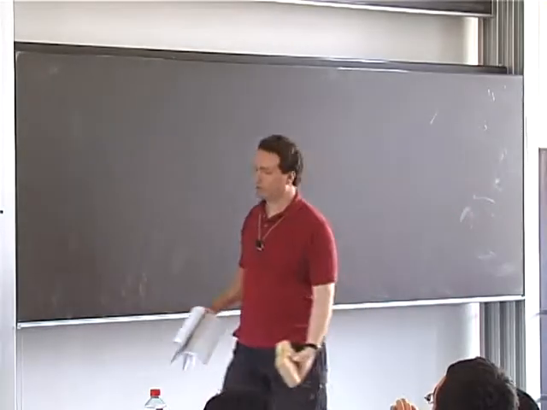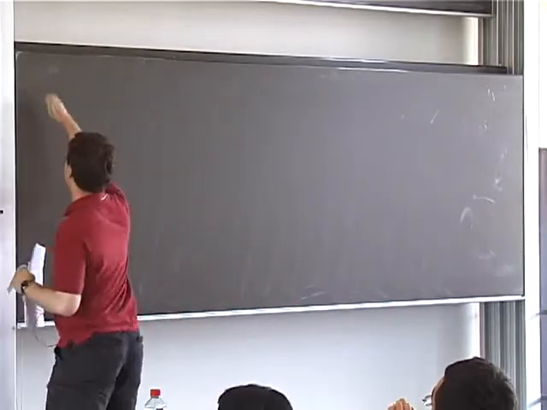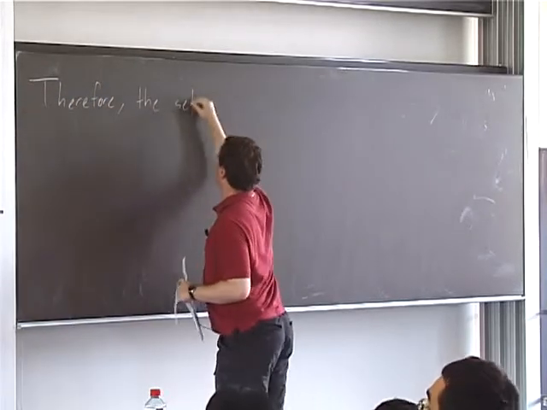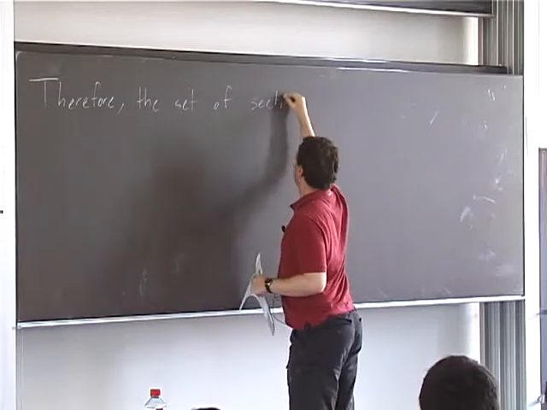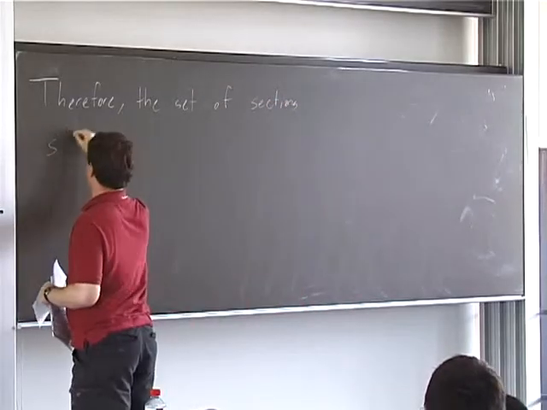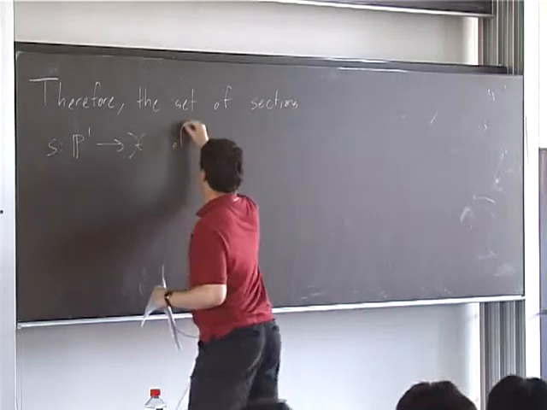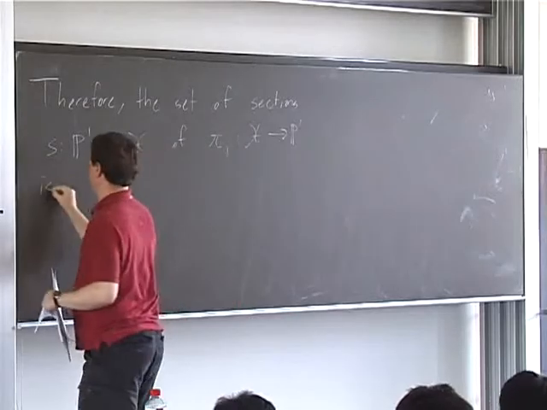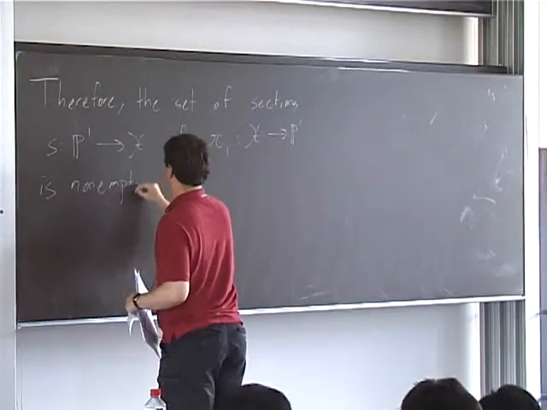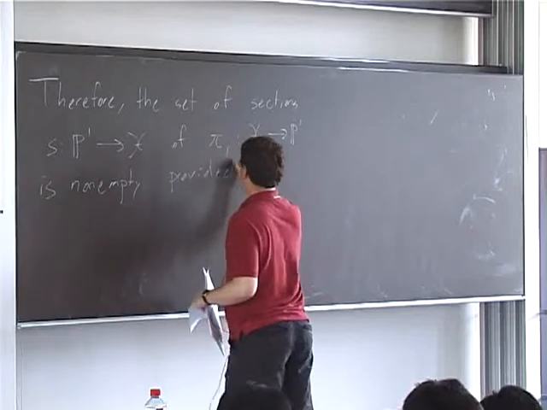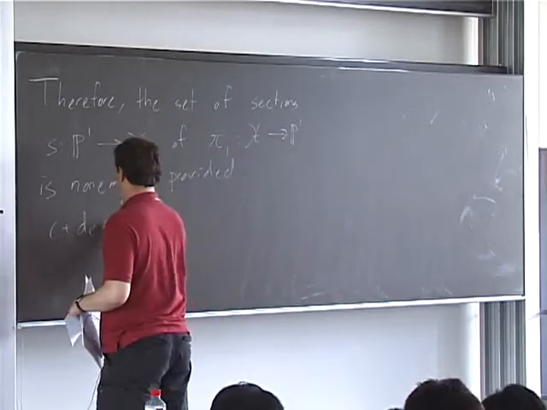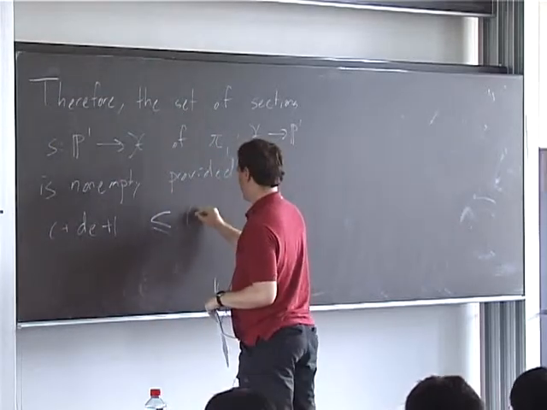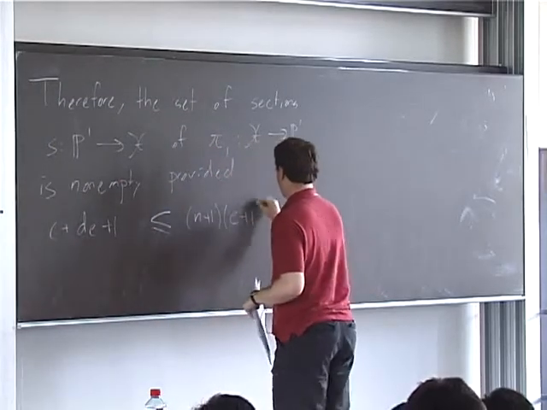So what we conclude is that the set of sections S of P1 to X of this projection is non-empty, provided the number of equations, which is c plus de plus 1, is less than or equal to the number of variables, which is (n plus 1)(e plus 1) minus 1.